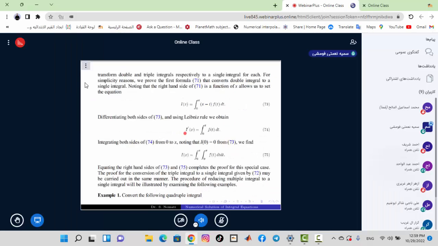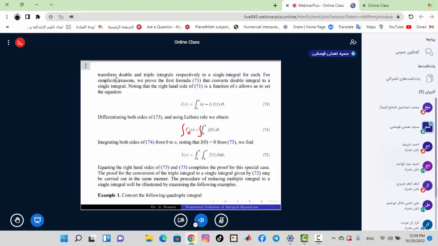And if we take integral from both sides of this formula, we can easily see that I of x is equal to the double integral of f dt.